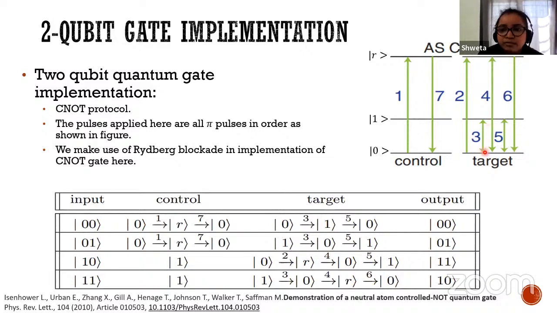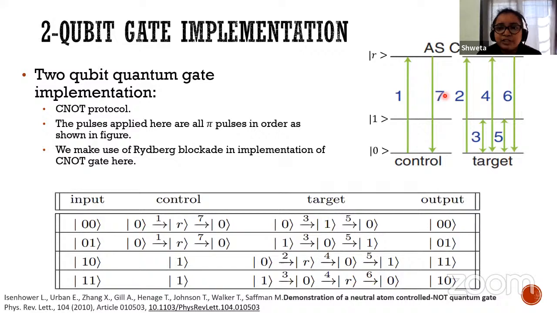So the atom is still in the 1 state, and when the fifth pulse is applied, the atom goes from the 1 state to the 0 state. The sixth pulse will not have any effect, because it brings the atom down from the Rydberg to the 0 state, but our atom is already in the 0 state. So our target atom goes from 0 to 1 to 0 again.